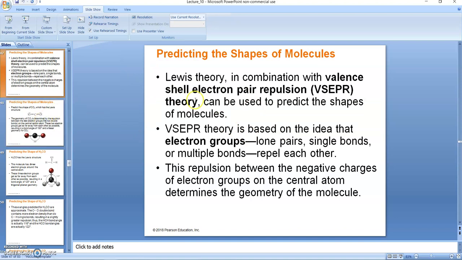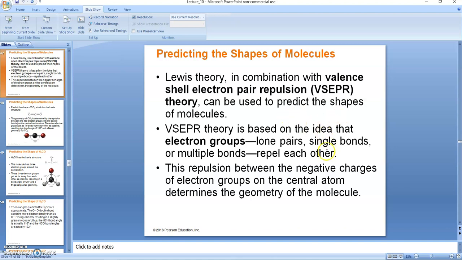Notice, I should say this also. When we say electron pair, we're kind of speaking very loosely here. They probably should have called it valence shell electron group repulsion, because by pair here we mean a lone pair, a single bond, a double bond, or a triple bond, or even an odd electron in those weird radicals that we saw previously.